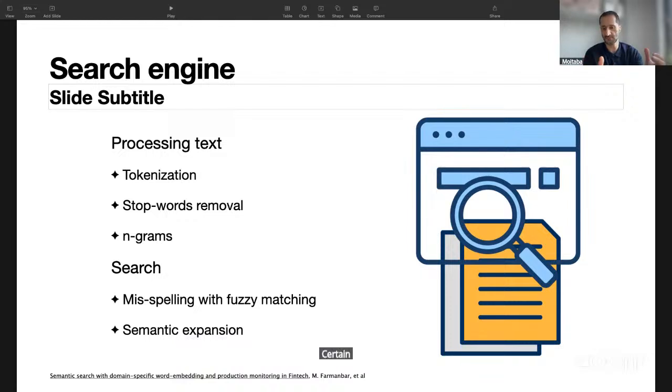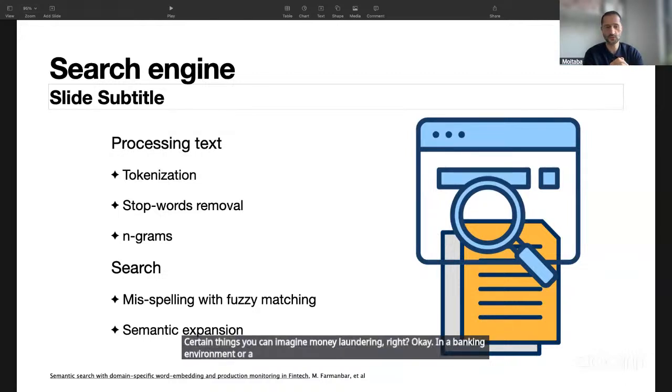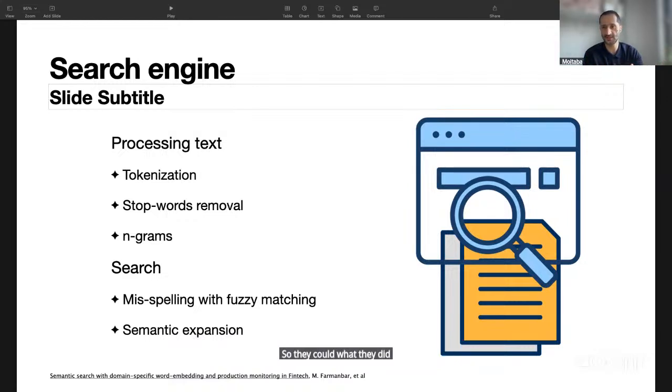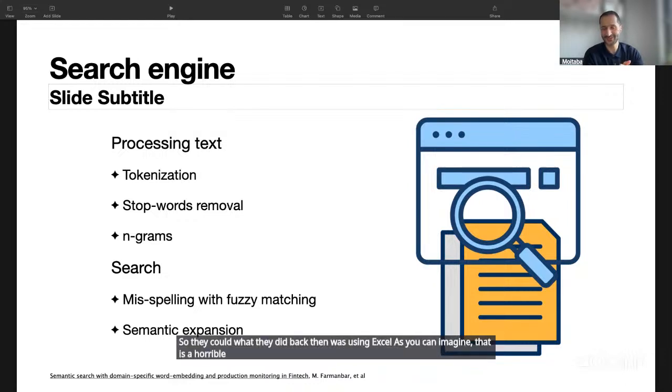You can imagine money laundering, right? In a banking environment, or data leakage. You want to see how many issues were registered related to money laundering or data leakage. What they did back then was using Excel. As you can imagine, that is a horrible application to work with.